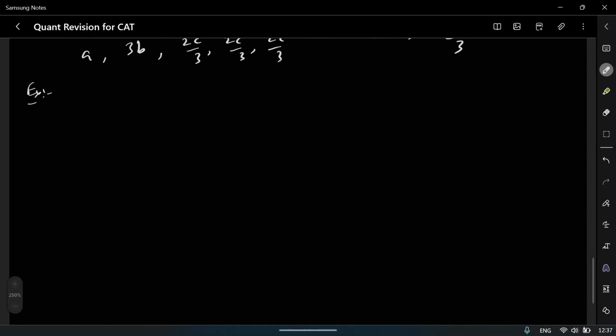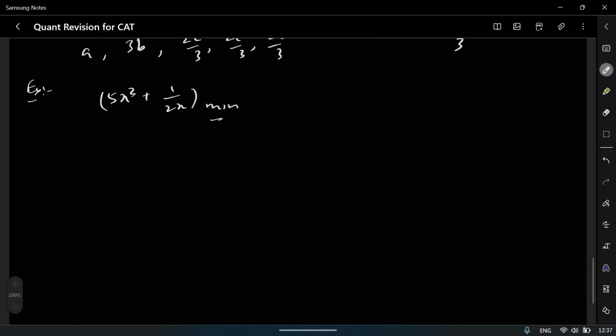Let's take another example. Given 5x cube plus 1 by 2x, we have to find the minimum value of 5x cube plus 1 by 2x, given that x is greater than 0.